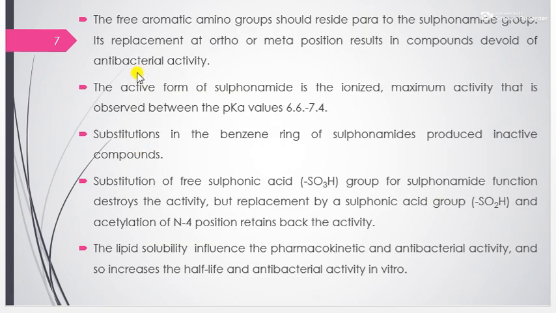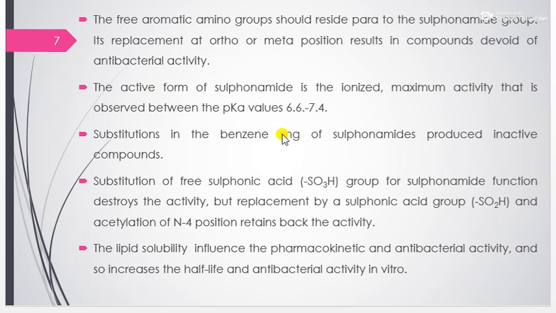Next, the aromatic amino group should reside at the para position to the sulfonamide group. Its replacement at the ortho and meta positions results in a compound devoid of antibacterial activity. Next, the active form of sulfonamide is ionized. Maximum activity is observed between the pKa values 6.6 to 7.4.